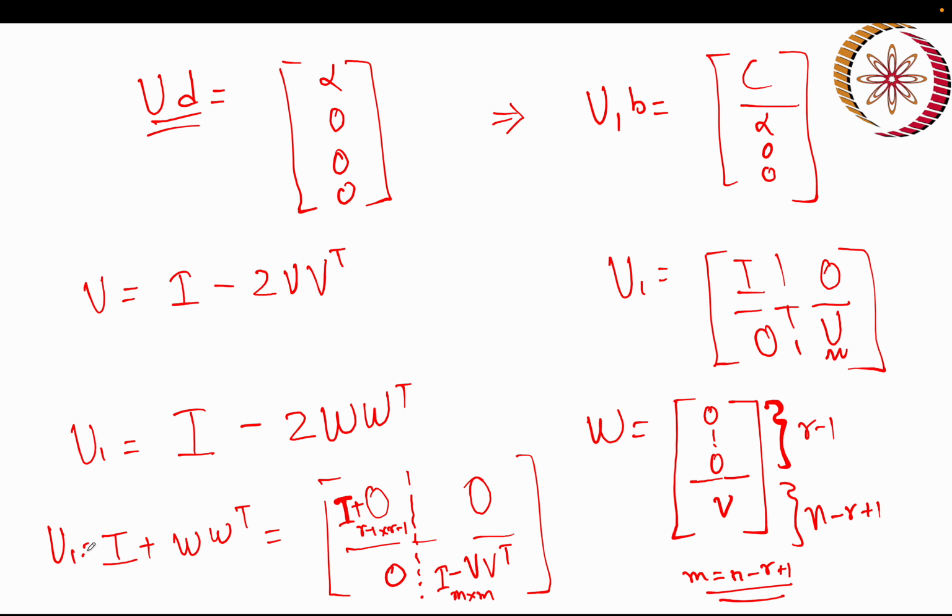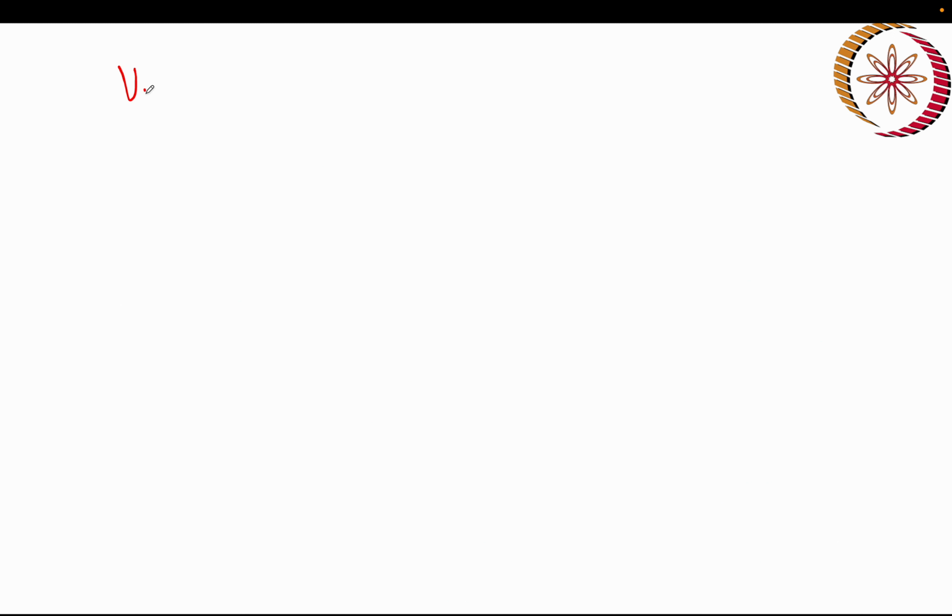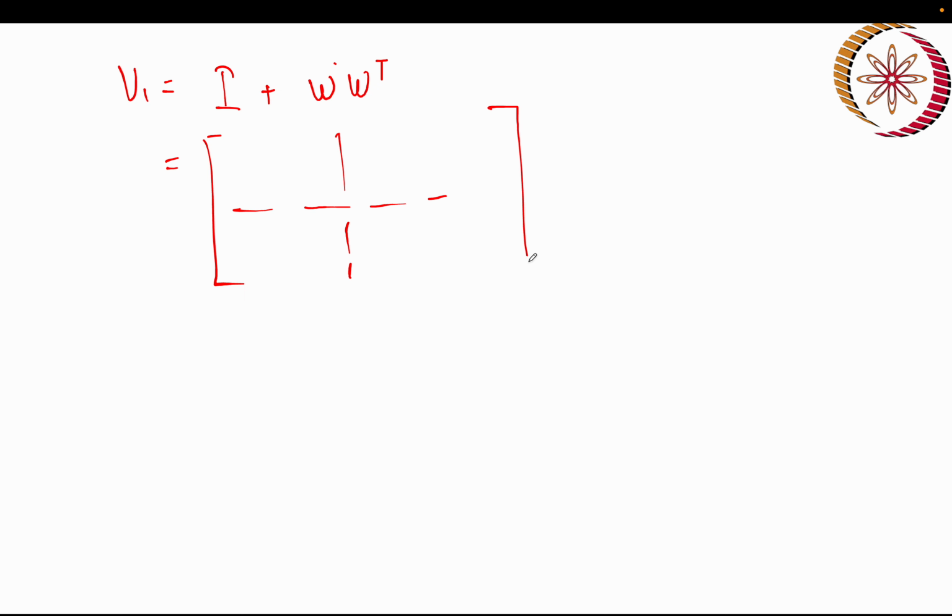So this is u1. u1 is equal to identity plus w transpose, and this identity matrix we can write as identity matrix which is r cross r. This identity part will be m cross m, 0 0, plus w that we are considering, it will have 0 0 0.